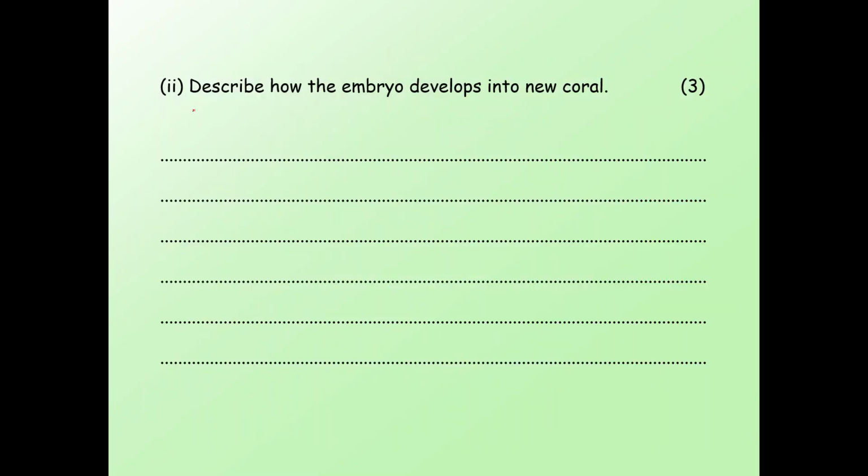So next question is describe, command word, how the embryo develops into new coral. Okay, now thing to remember here, an embryo is just a bundle of stem cells really, and the coral is a sophisticated multicellular organism.